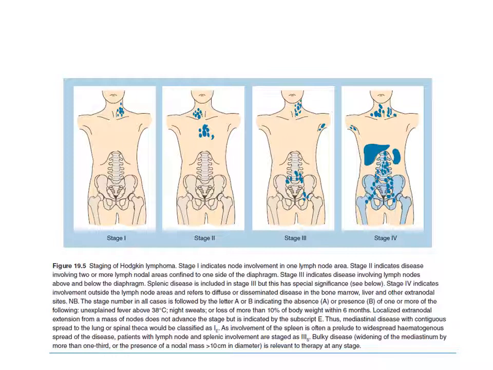Stage 3 indicates disease involving lymph nodes above and below the diaphragm. Splenic disease is included in stage 3, but this has special significance. Then stage 4 indicates involvement outside the lymph node areas, and this refers to diffuse or disseminated disease in the bone marrow, liver, and other extranodal sites.